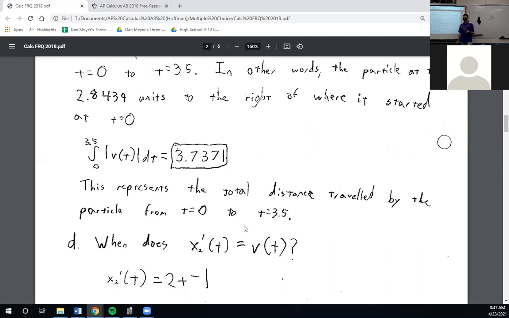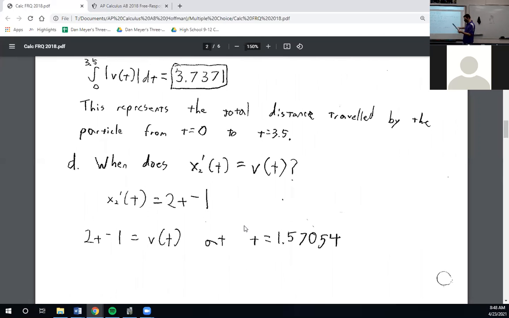The derivative is just 2t minus 1. So we set that equal to the velocity graph in our calculator. Graph 2t minus 1 in one of your graphs, graph that velocity function in your other graph, and then figure out where their intersection points are between 0 and 3.5. And that point is going to be at 1.57.